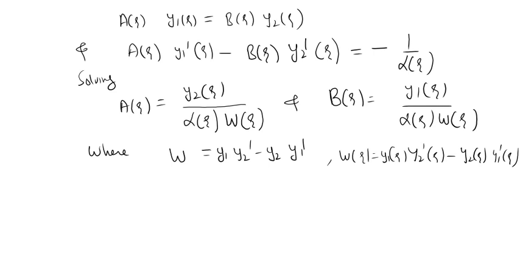By writing this Wronskian, you can simplify the formula for A and B. So in fact we found A and B, so you found the solution.